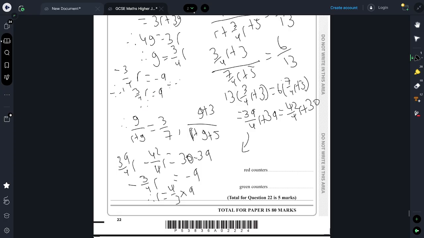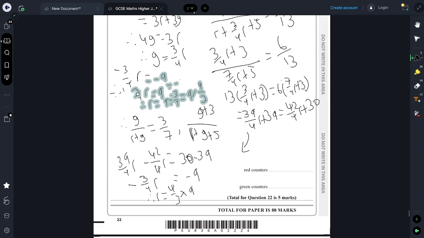So then you get r is 9 divided by 3 over 4. Now, KFC again. 9 divided by 3 over 4 is the same as saying 9 times 4 over 3, which is where this comes from here. So break it down if you're a bit unsure or unconfident with the arithmetic.